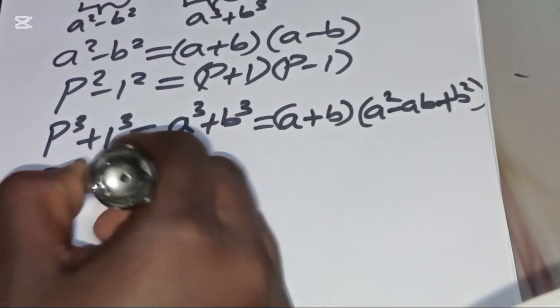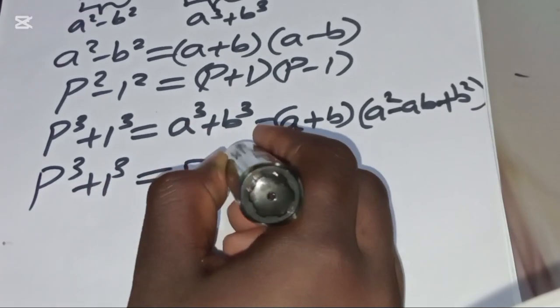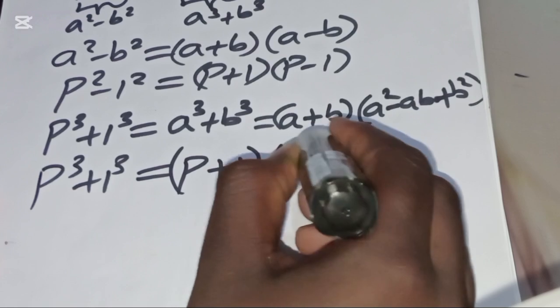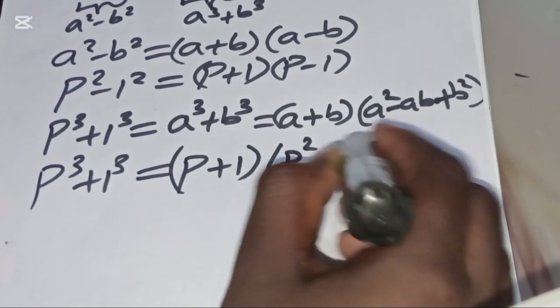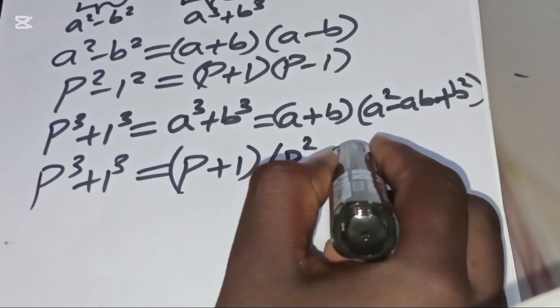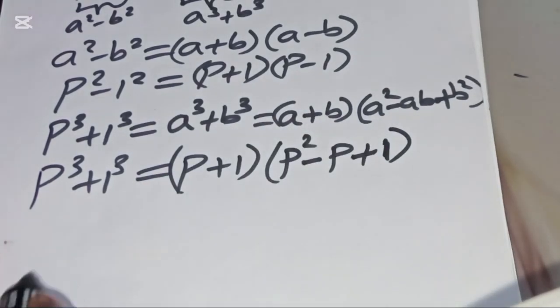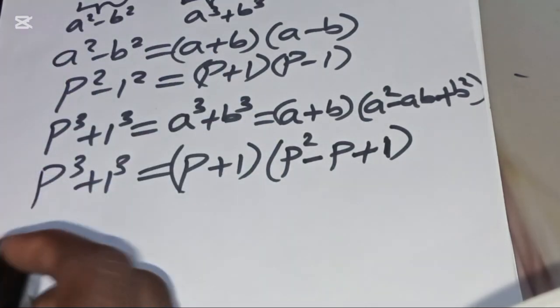So that means you can express p cubed plus 1 cubed basically as p plus 1, then we'll have p squared subtract p, okay, then plus 1 squared, which is actually 1. Okay, so let's combine this first part and the second part.